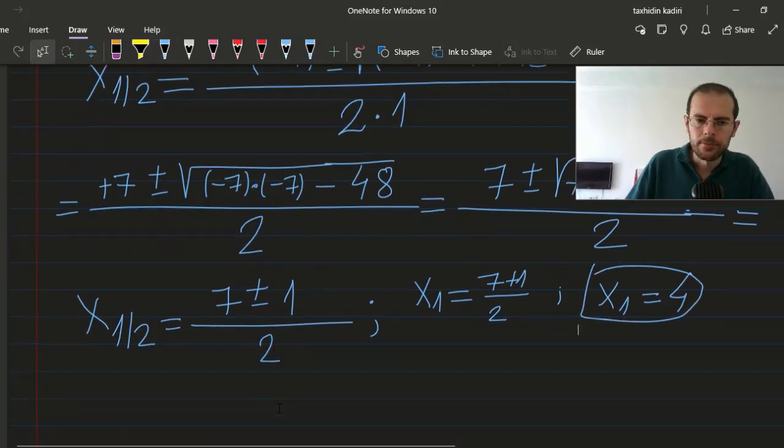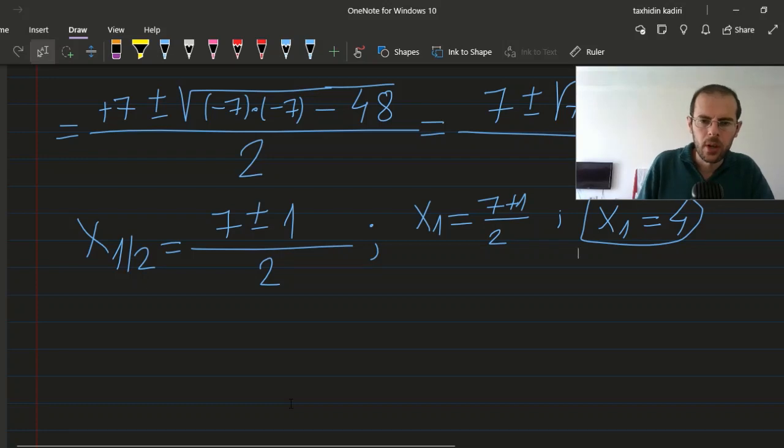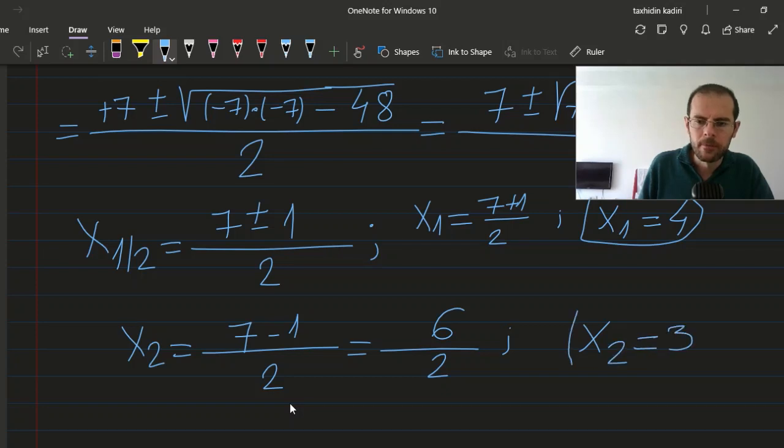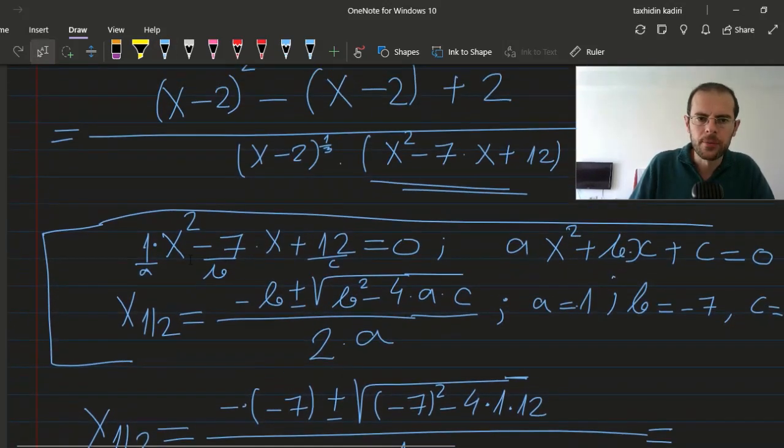And what is the other? x2 equals 7 minus 1 divided by 2. 7 minus 1 is 6 divided by 2, and x2 has a value of 3. These are the roots for this equation.